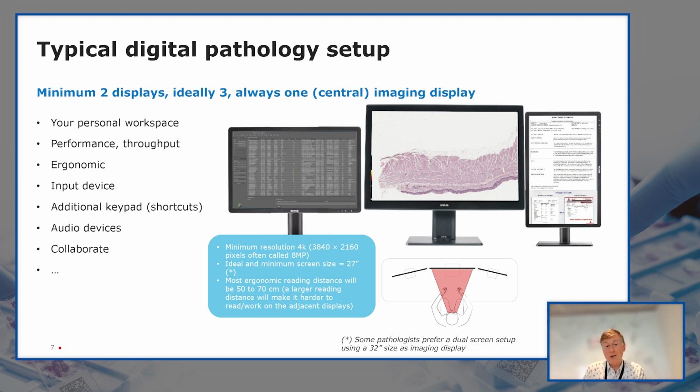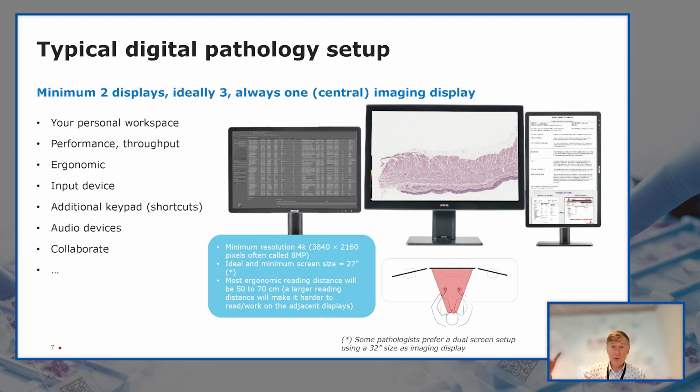If you want to have an ergonomic, nice user experience, there are studies who state like the best reading distance is about 50 to 70 centimeters, which means that a 27-inch is the optimal size for that.